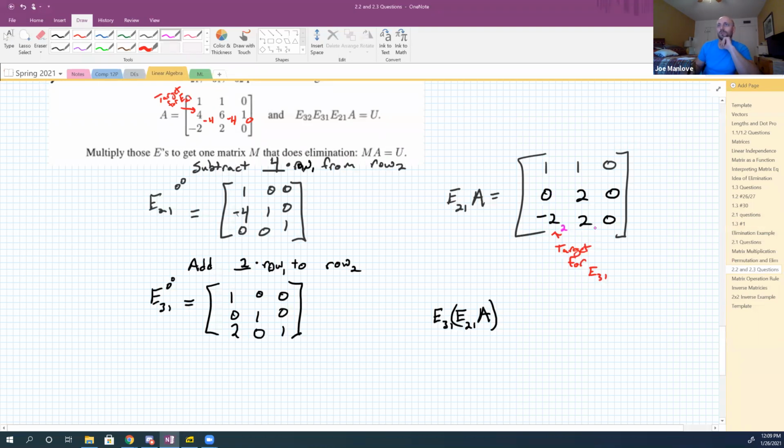So that's going to go 2, 2, 0 down here. And then out of this, I'm going to get a new matrix. I left the first row alone. I left the second row alone. And the third row, I'm going to do this addition. So I'm going to get 0, 4, 0. Everybody with me on that?